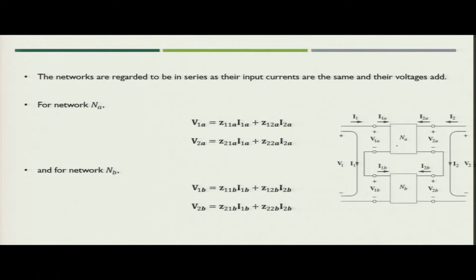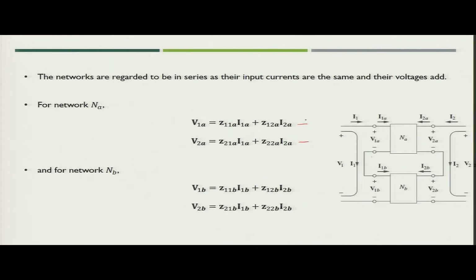For network A, we can write V1A equal to Z11A I1A plus Z12A I2A. Similarly, V2A can be written as Z21A I1A plus Z22A I2A. These are the Z parameter equations of this network.